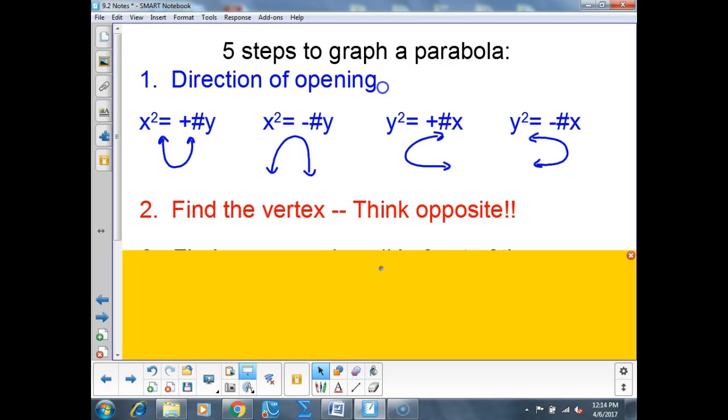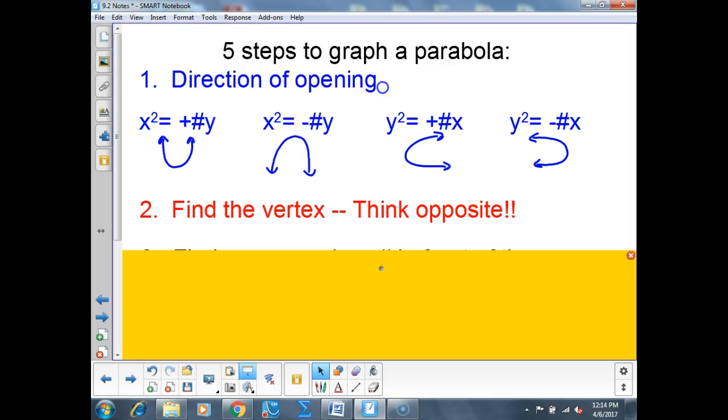What was our third step? You gotta find the p-value, right? Because what's p? Get your mind out of the gutter. It's our distance from the vertex to the focus, and the distance from the vertex to the directrix, right?